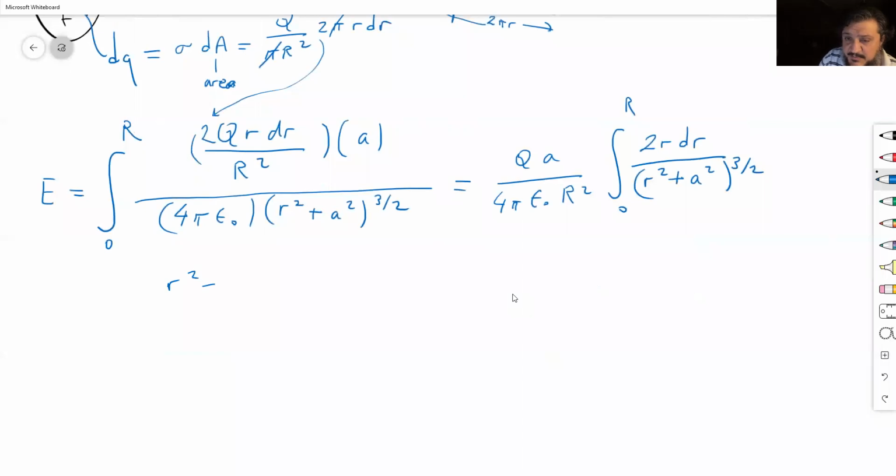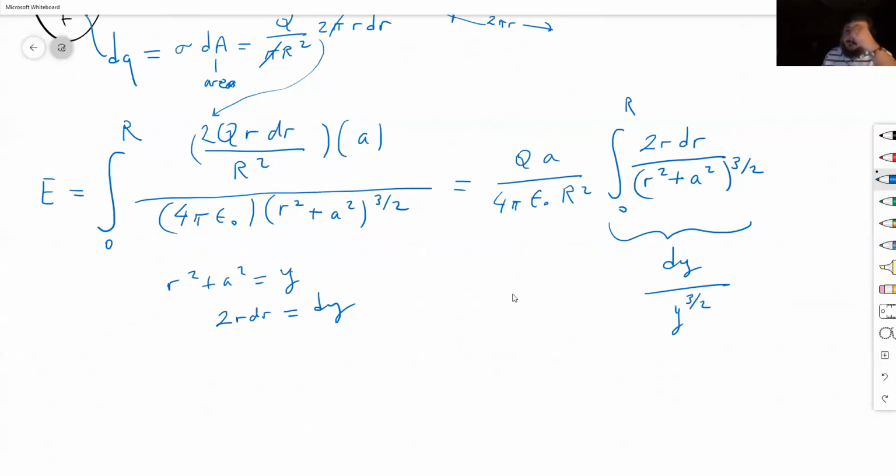Call r squared plus a squared something else, call it y. And then 2r dr will be dy, right? So this integral will become dy divided by y to the power 3/2.